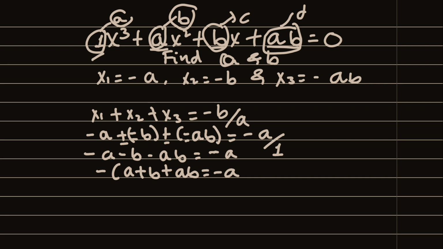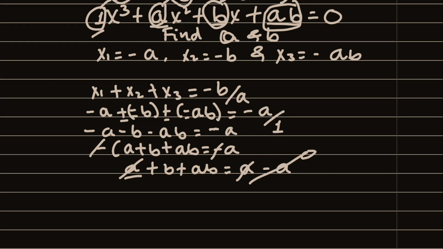Now we can cancel out the minus sign because it is on both sides, so it will be a plus b plus ab equals a. Now we can move this a to the right side, it will be a minus a, 0. So it will be b plus ab equals 0.